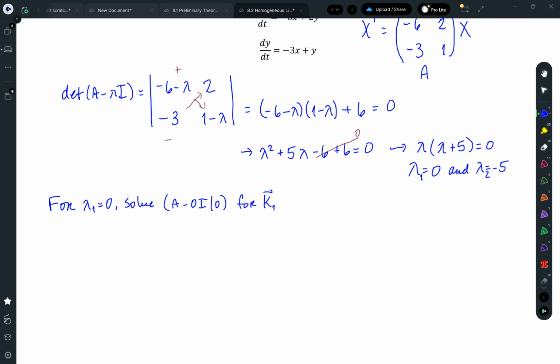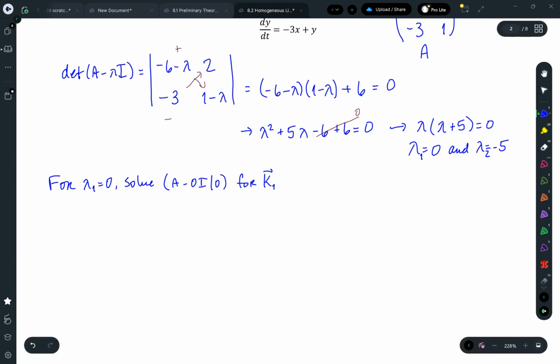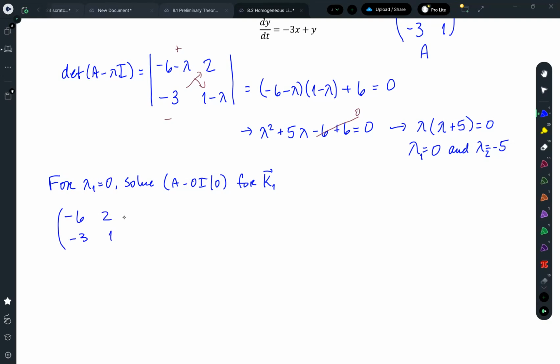So we want to find our eigenvector given that we know the eigenvalue associated with it. So we plug in lambda equals 0 into the A minus lambda I matrix. That's going to give us minus 6, 2, minus 3, 1. Put in an equal bar and put your zeros on the right-hand side.